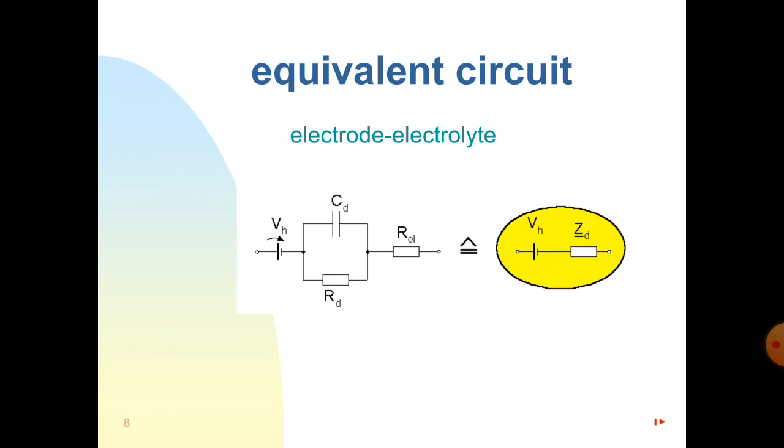So this is an equivalent circuit for the electrode electrolyte. Here capacitor and resistor are passive components. We are using the passive components in that equivalent circuit to model the impedance.